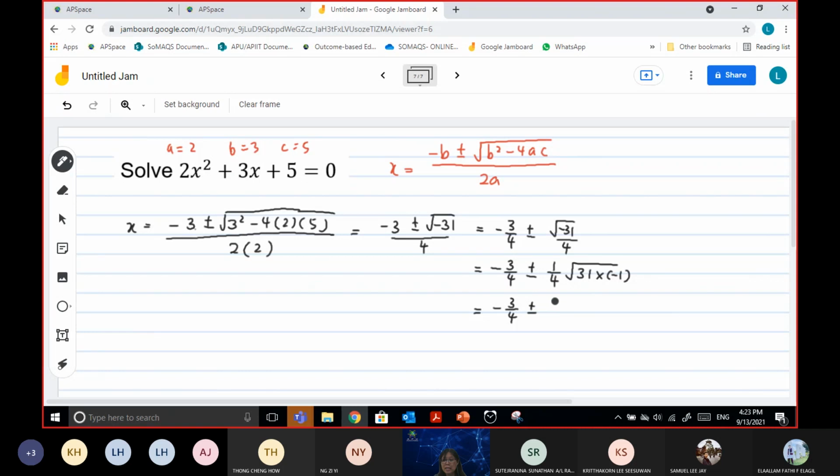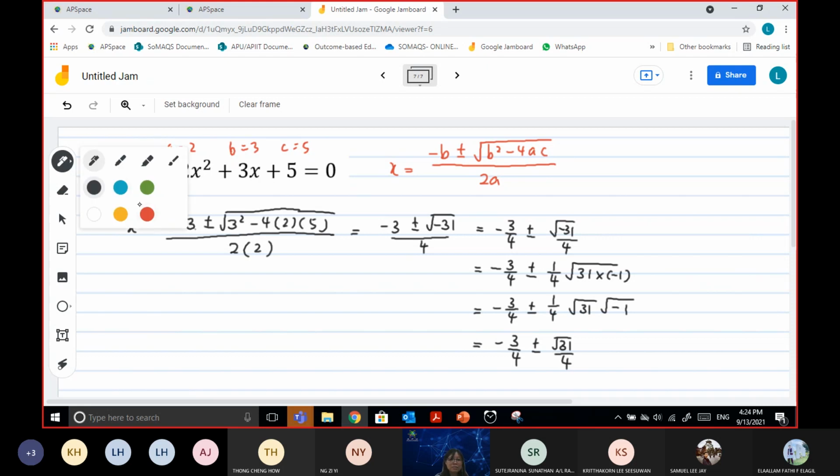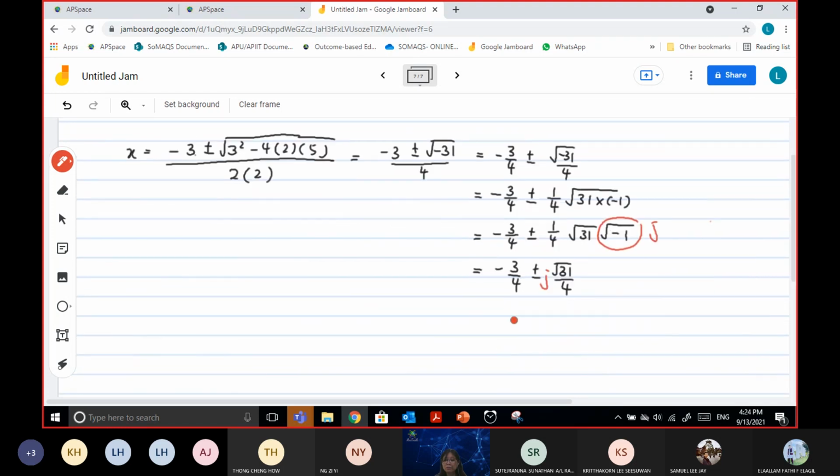I can write it as the square root of 31 multiplied by the square root of minus 1, so negative 3 over 4 plus minus the square root of 31 over 4. Then remember the square root of minus 1 we represent as j, so I write it as j. That means your real part is negative 3 over 4, and your imaginary part is square root of 31 over 4 j.